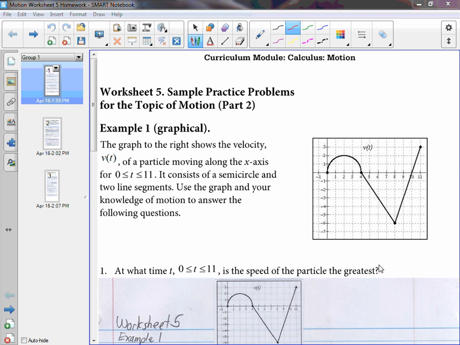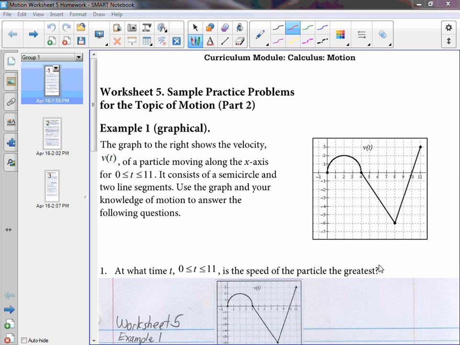All right, worksheet 5. This is our last worksheet here in the motion module. Let's do a little bit together, and I want you to do most of this on your own. But the first example starts off with a graphical representation of motion.